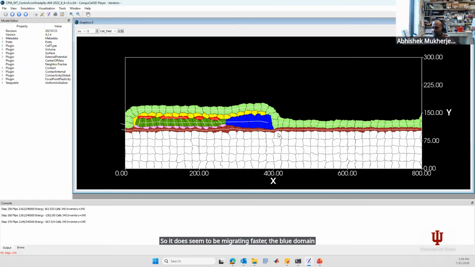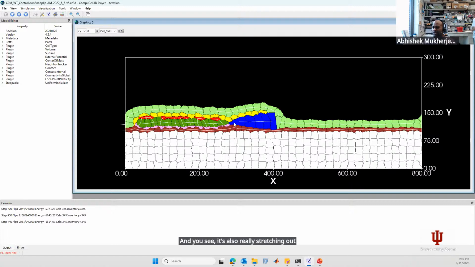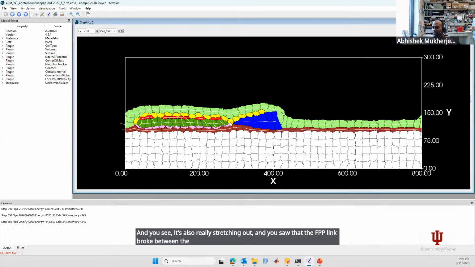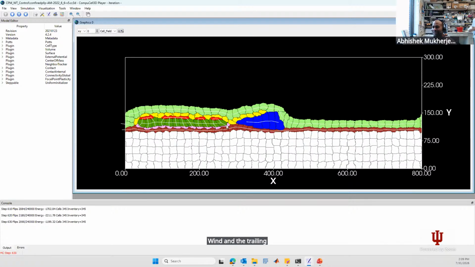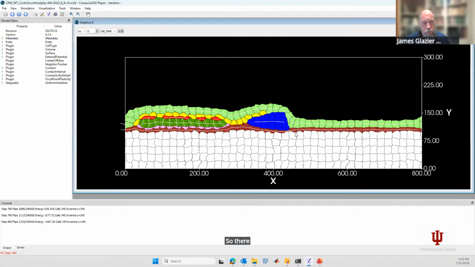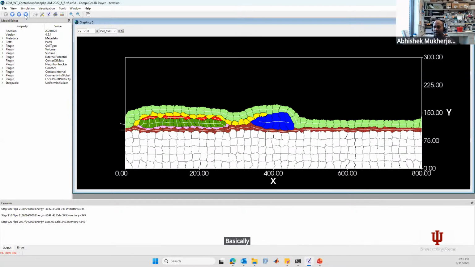It's quickly reached 400. And you see it's also really stretching out, and you saw that the FPP link broke between the Wnt and the trailing domain. So the trailing domain is simply left behind. So there isn't time for mechanical equilibration here, basically.